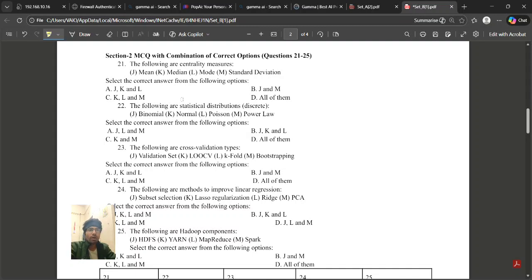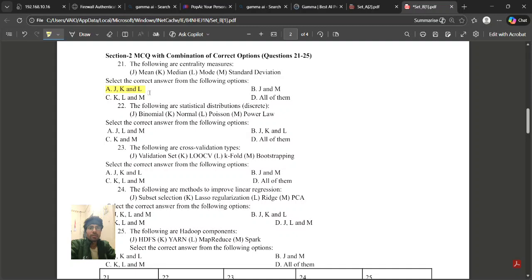Mode is the most frequent value and also a centrality measure. But standard deviation is a measure of dispersion or spread, not centrality. So J, K and L are the centrality measures. So our answer is A, J, K, L.